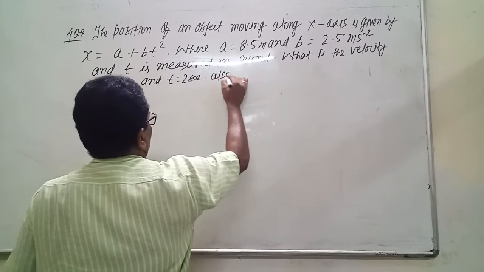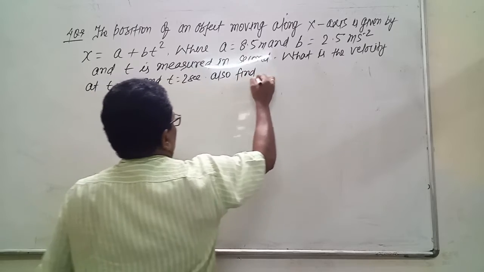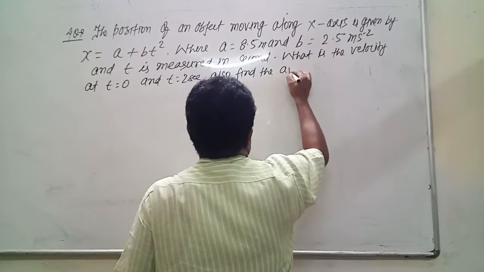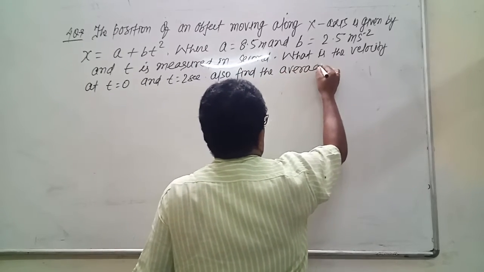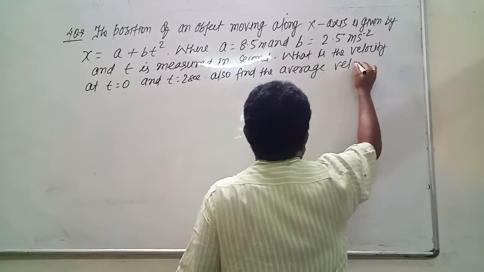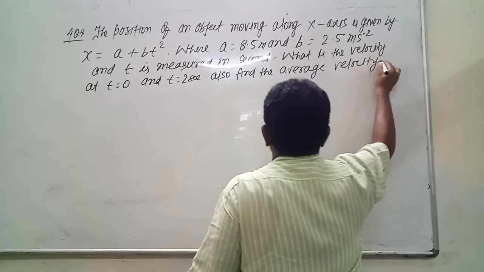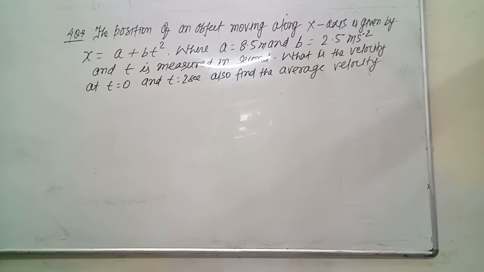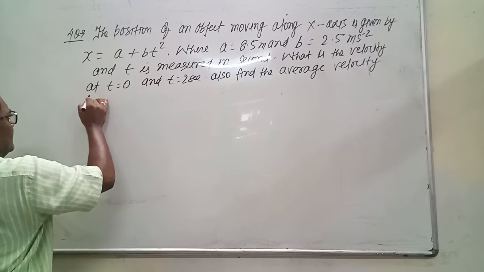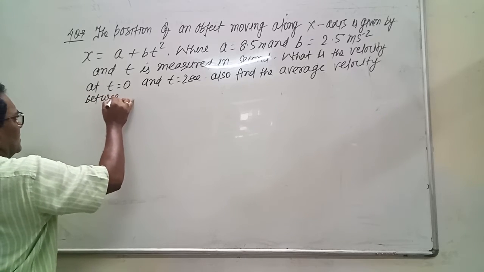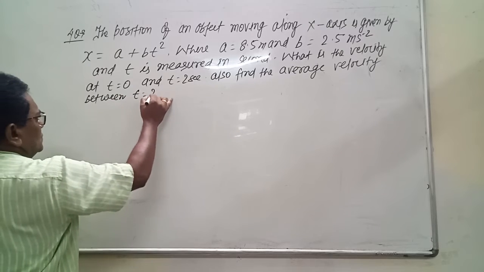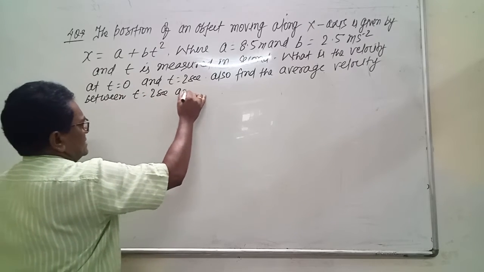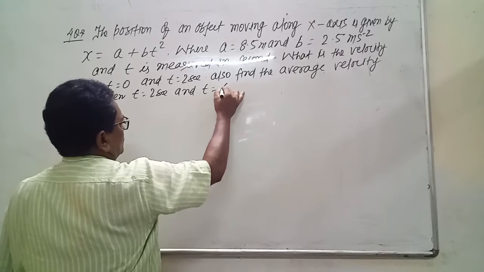Also find the average velocity between t equals 2 seconds and t equals 4 seconds.